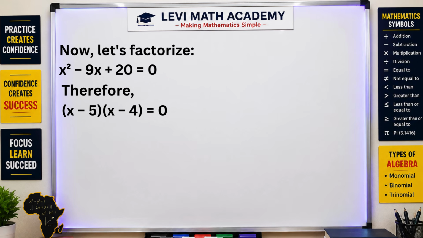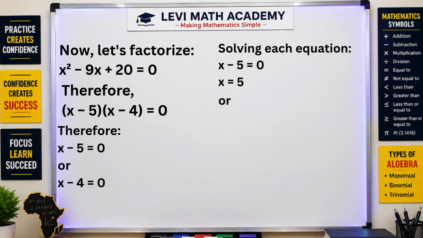Step 2. Set each factor equal to 0. For the product of two factors to be 0, at least one of the factors must be 0. Therefore, x - 5 = 0 or x - 4 = 0. Solving each equation: x - 5 = 0, x = 5.